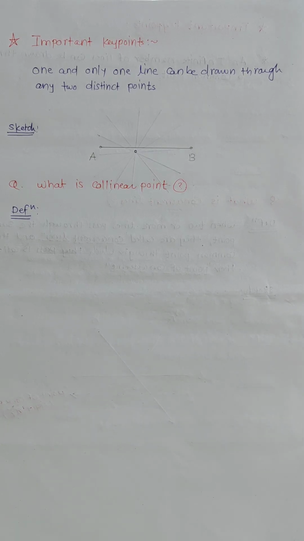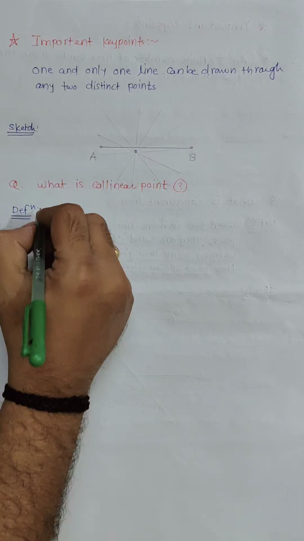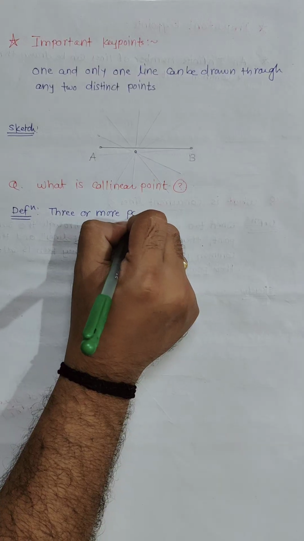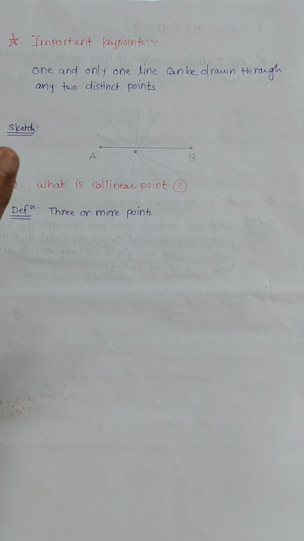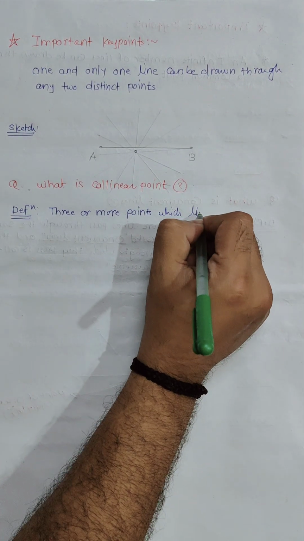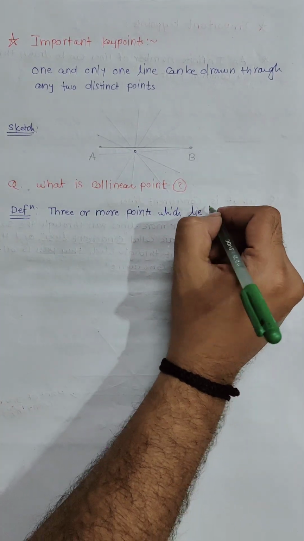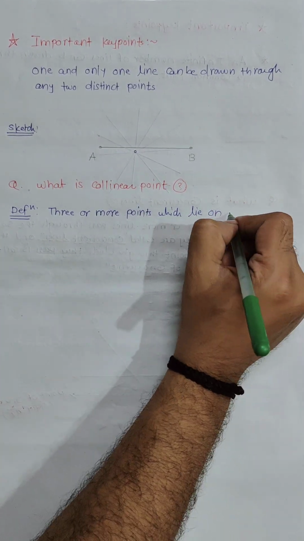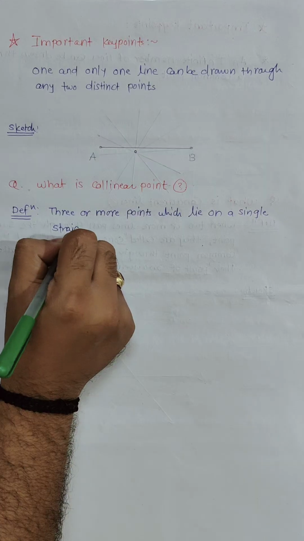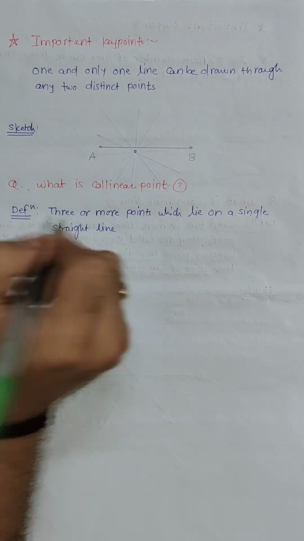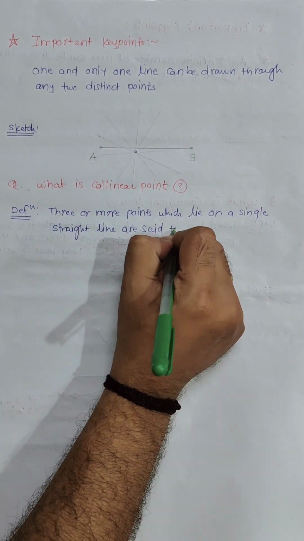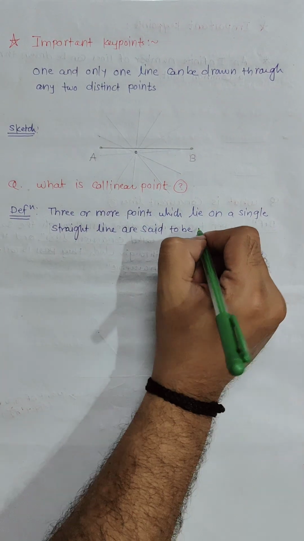Number 1, three or more points which lie on a single straight line are said to be collinear points.